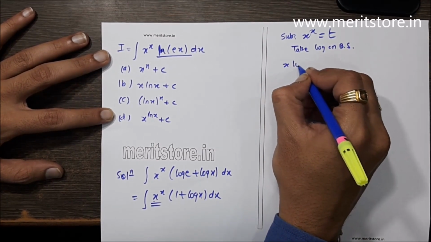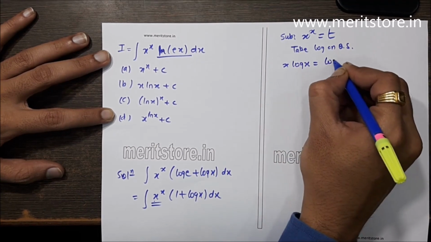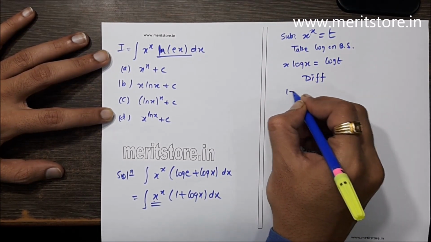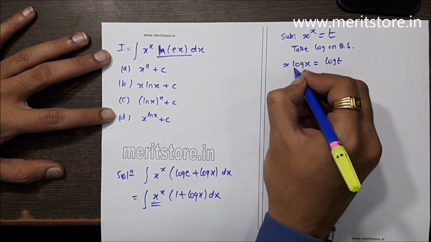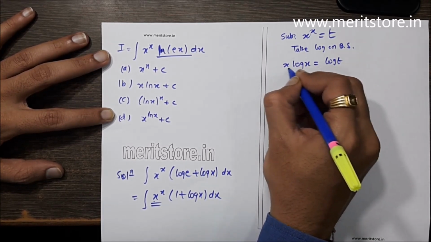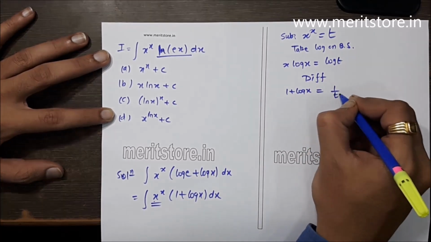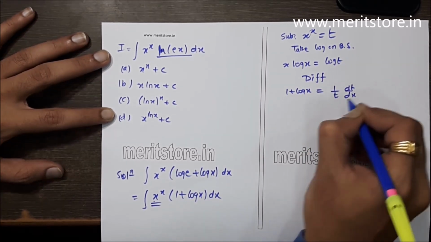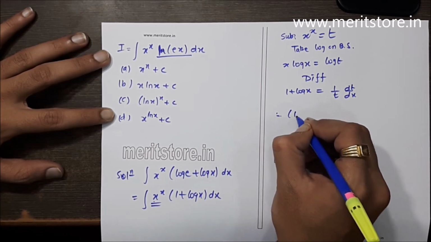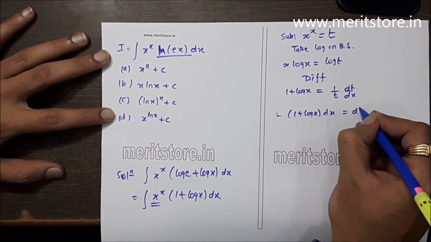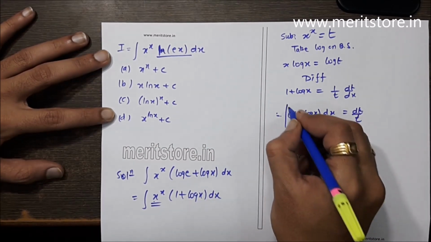What we get is x log x equals log t. Differentiating, I'll get 1 plus log x by taking a formula of u into v on the left hand side, and on the right hand side I'll get 1 by t dt by dx, and therefore (1 plus log x) dx is equal to dt upon t.